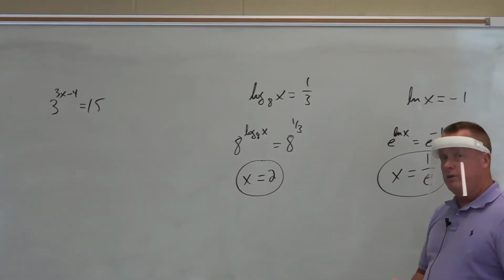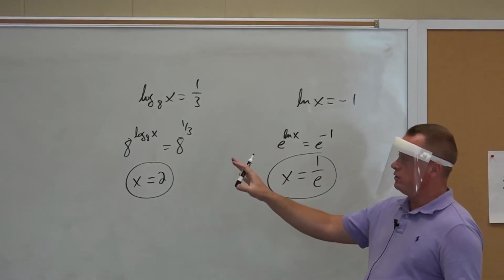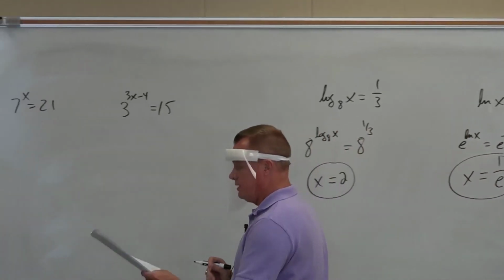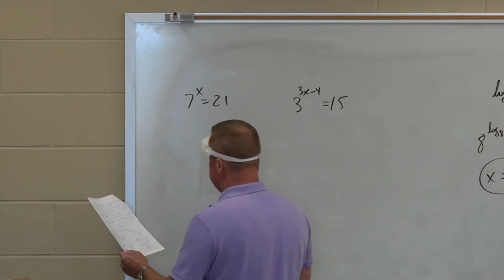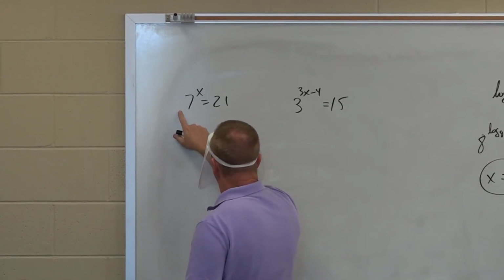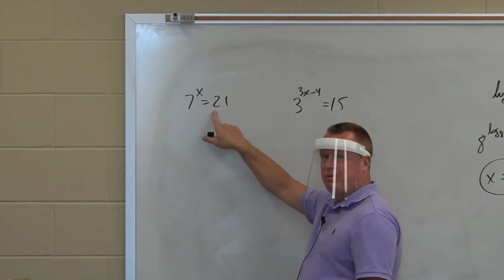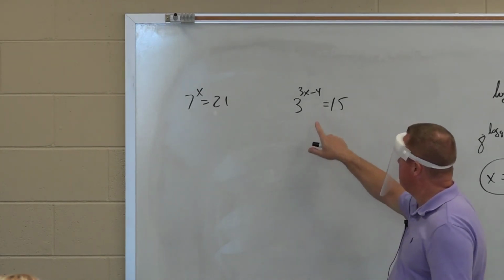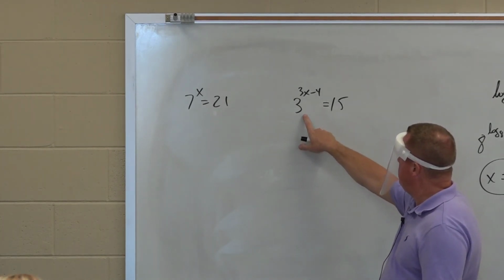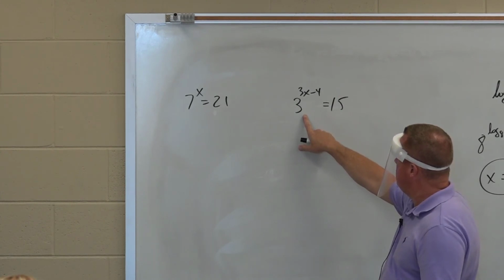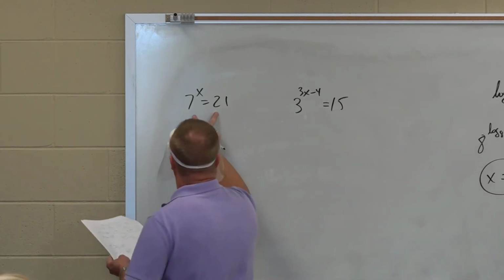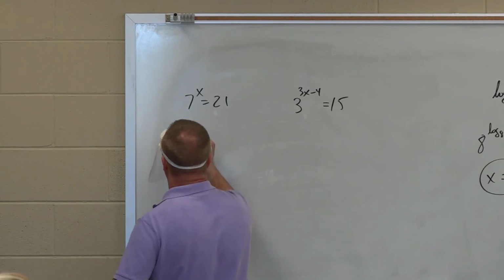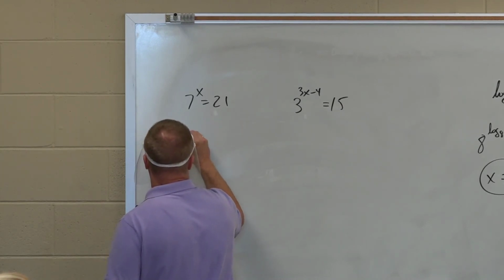All right, so those are logarithmic equations. If we have exponential equations, okay, now you could raise 7 to both sides of the log base 7 power. That's not going to be helpful on this one. I guess you can still do it that way, but let's just do ln of both sides.